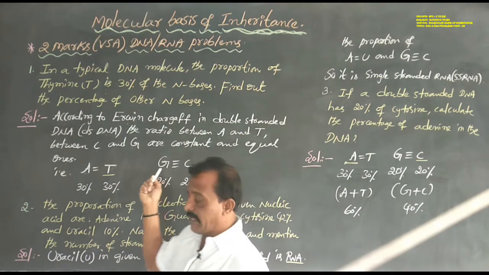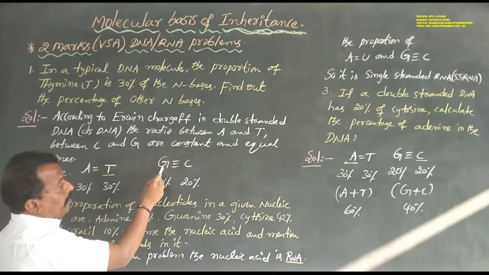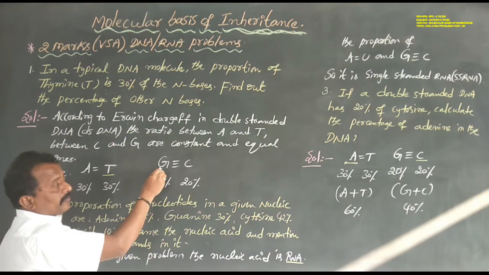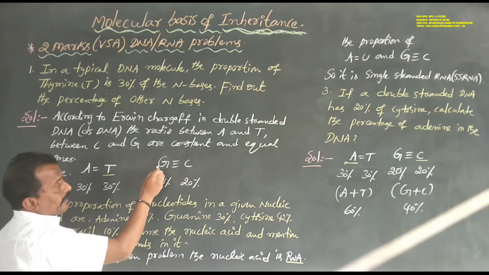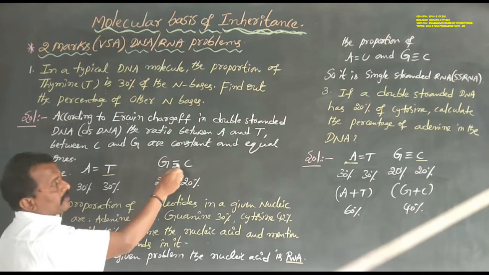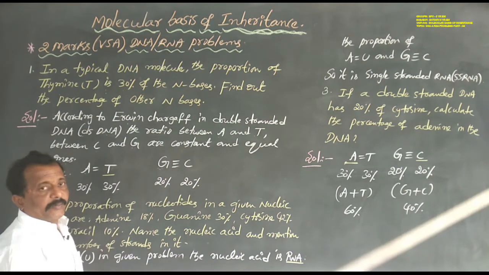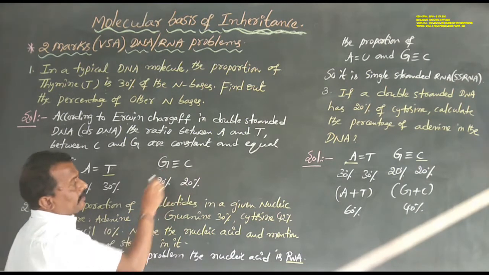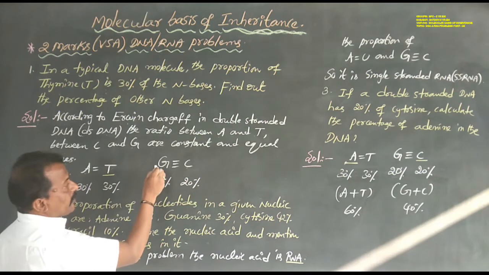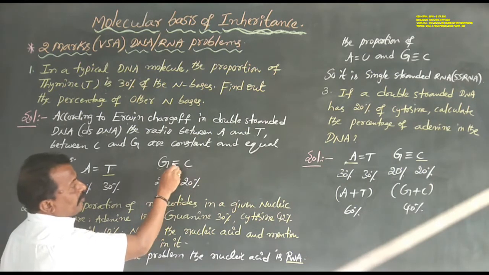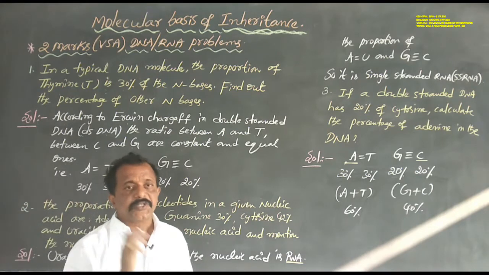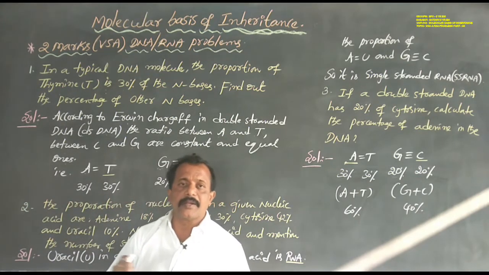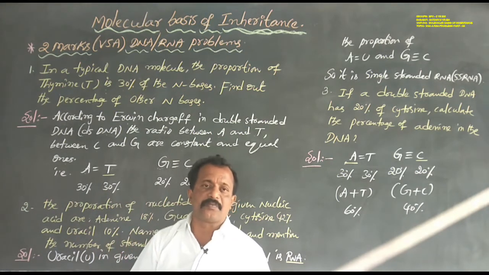And the second purine, guanine, is always opposite to the second pyrimidine, cytosine, that is guanine and cytosine. Between guanine and cytosine there are three hydrogen bonds. So this is the common rule according to Erwin Chargaff.